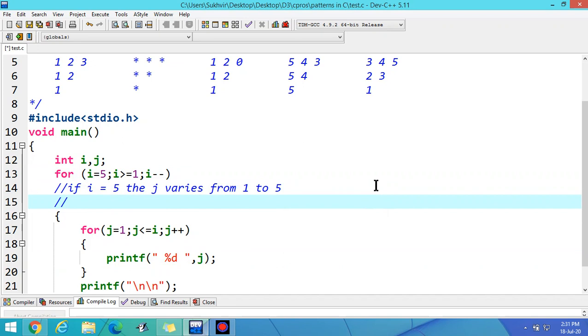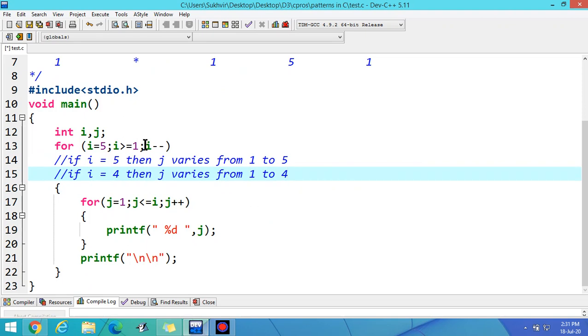And what about the second value? If i is equal to 4, then j varies from 1 to 4, like this. Similarly others. Let's execute the program.